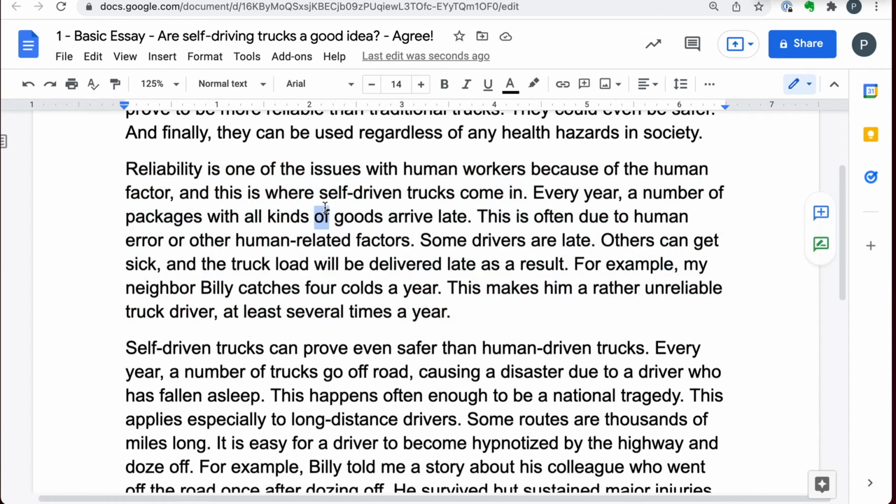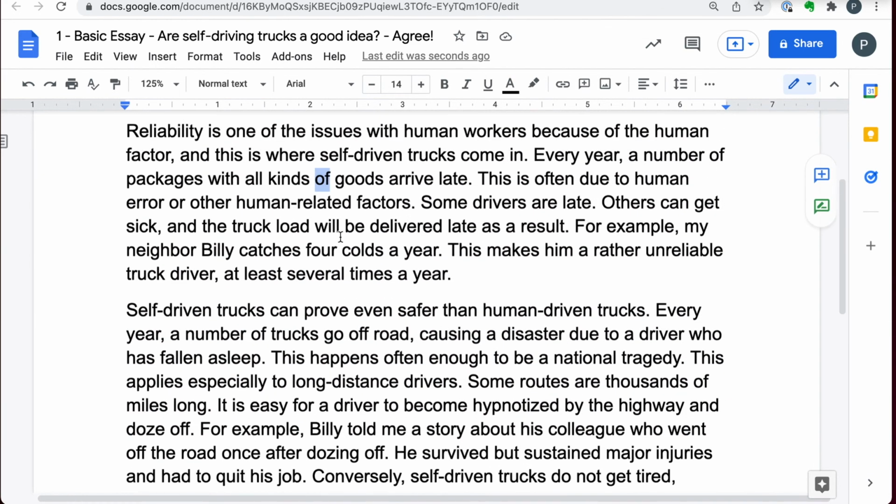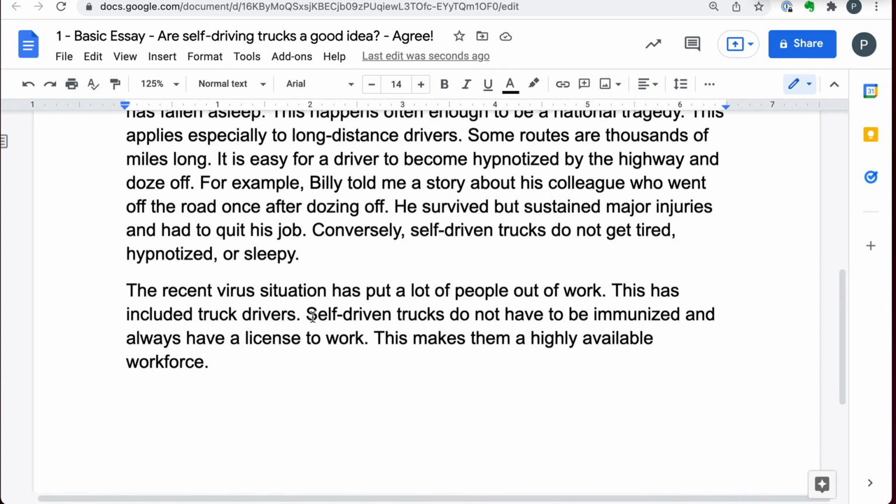It's similar because if a person gets sick, some people get sick and so they cannot drive a truck. And here we're saying that a person who is sick or needs immunization or whatever, we don't have to rely on humans, so we don't have to worry about disease.